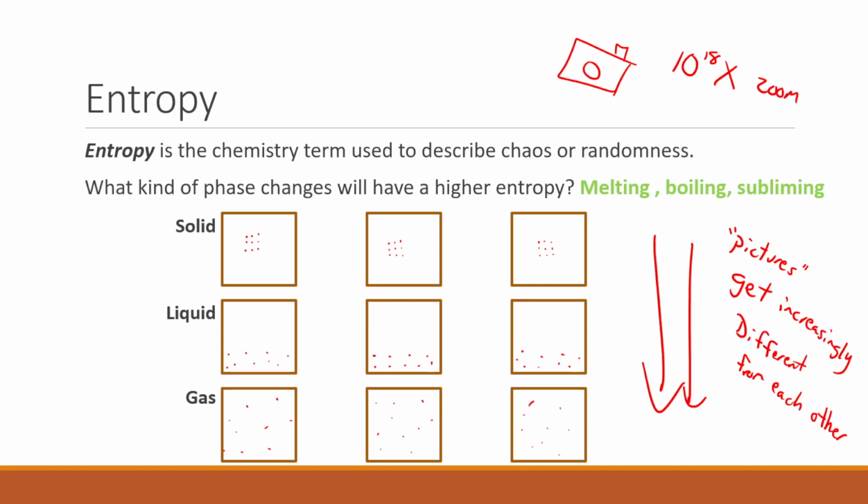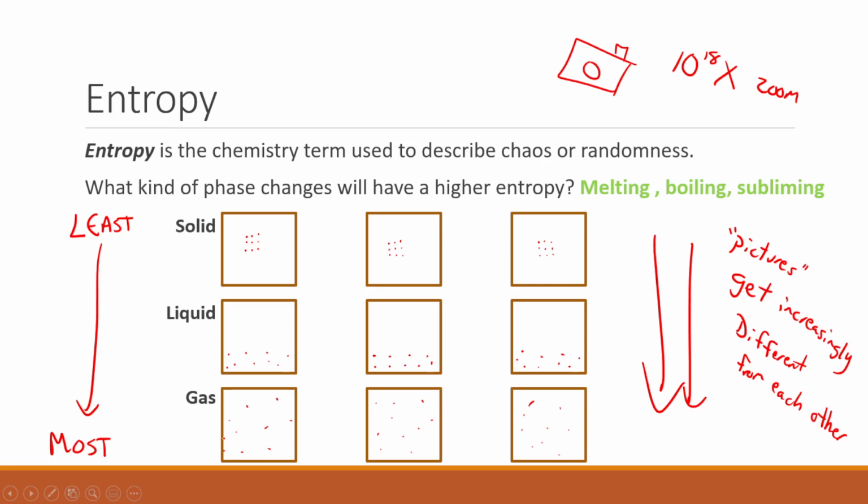Gases are much more chaotic, much more random than liquids or solids. Solids have the least entropy, and gases have the most entropy. Liquids are somewhere in the middle.